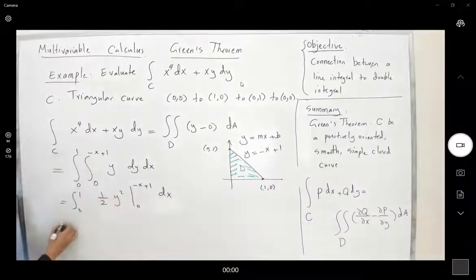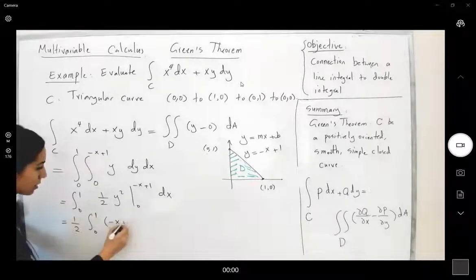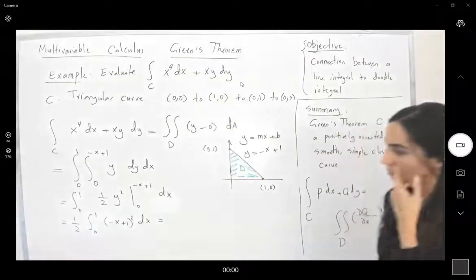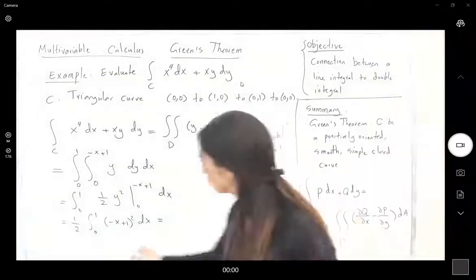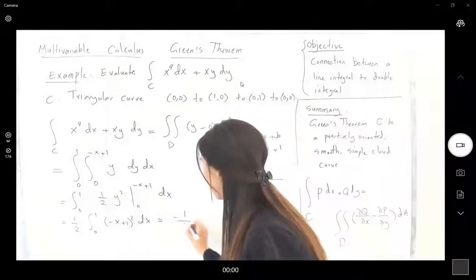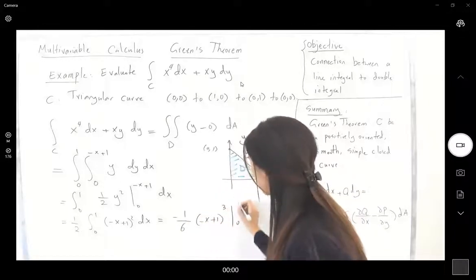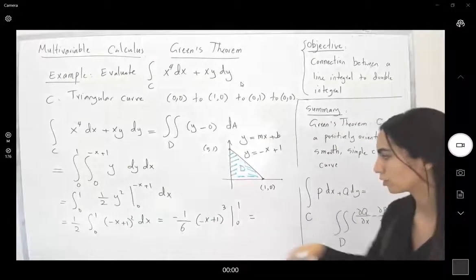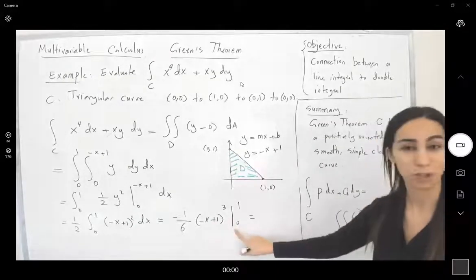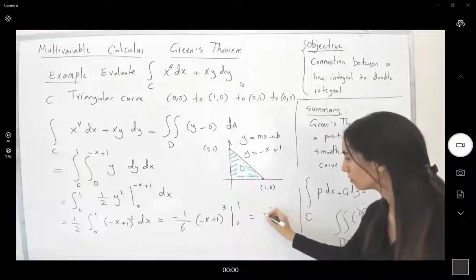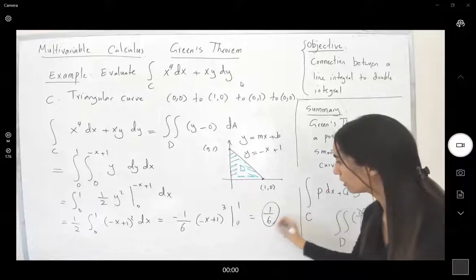Just plug in this guy here, you can factor out a half in front of the integral, 0 to 1, of negative x plus 1 squared dx. Very well. If we use u-substitution, we get negative 1 over 6 times negative x plus 1 to the third, from 0 to 1. If we substitute 1, it's going to be 0. If I substitute 0, I get negative 1. So it's going to be positive 1 over 6.